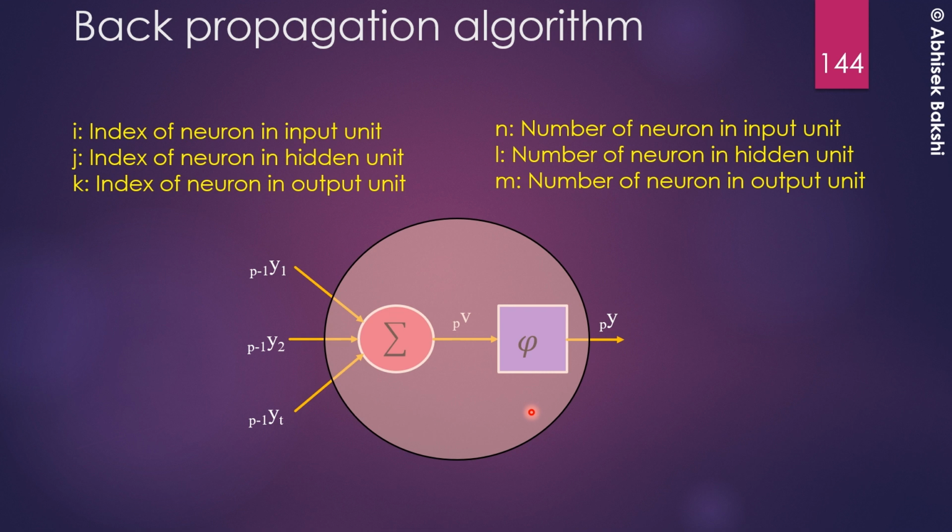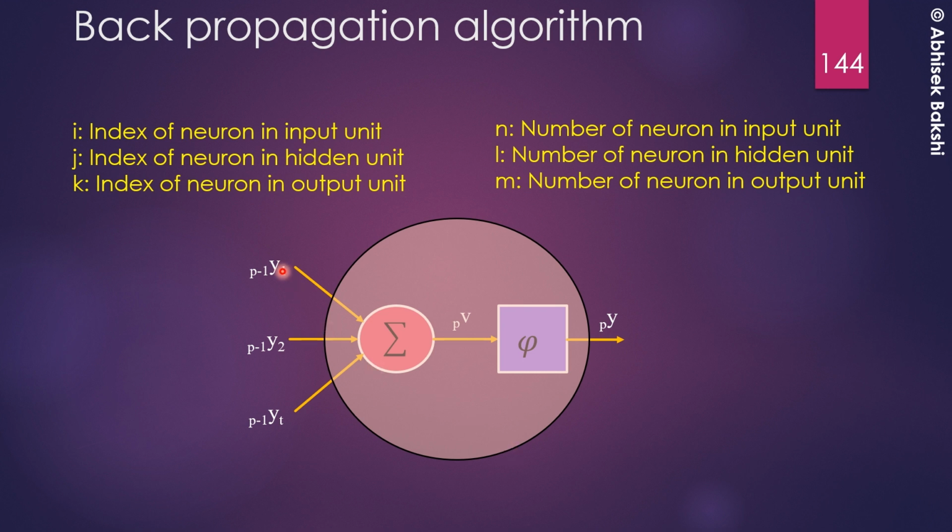based on the layer number, I have given some indexes. For example, you can say here that this p is the layer number. So what it is saying is that this is a neuron at the pth layer. So definitely this neuron will be connected with some neurons of the p minus 1 layer, right?